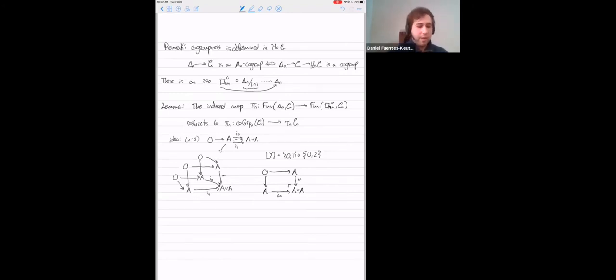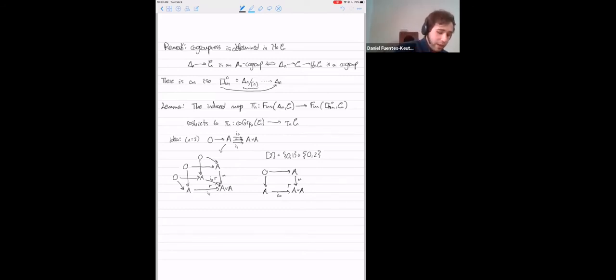So for example, this back face is a pushout, and I could decompose into 0, 1 and 1, 2. That would tell me that the bottom face is a pushout. And 1, 2, 0, 2 would also tell me that the front face is a pushout. And so this pullback map just restricts to a map from cogroup N to T_N of C. And so I have this really, I think, nice way of saying how you can blow up a cosimplicial object into one of these punctured cubical diagrams.